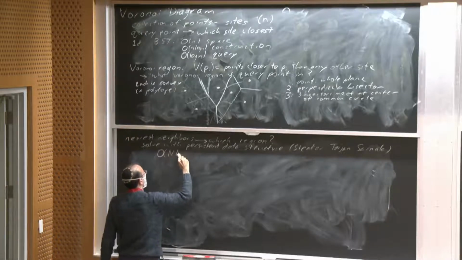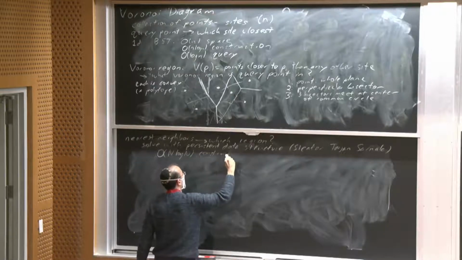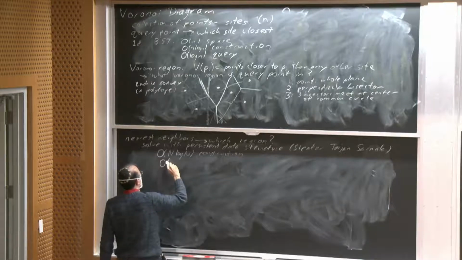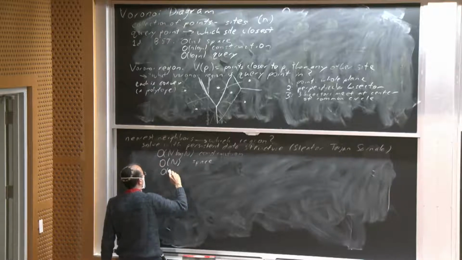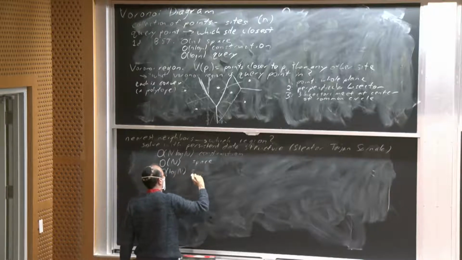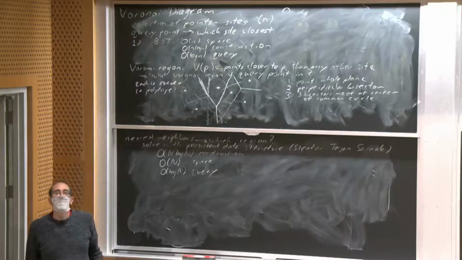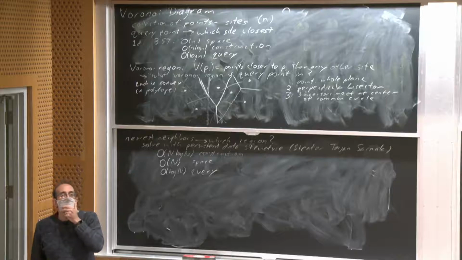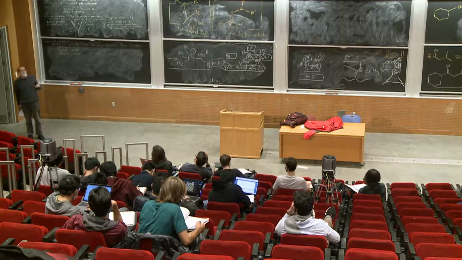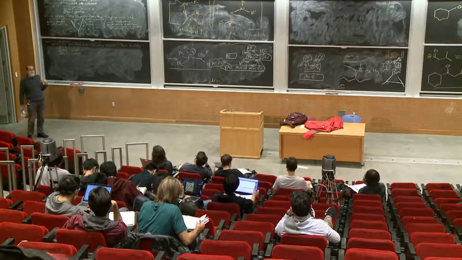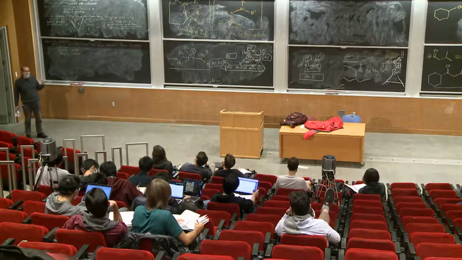I'm going to use a capital N. Yes. The number of intersections of those lines? Well, sort of. It's not just the number of intersections of the lines, it's the size of the arrangement.